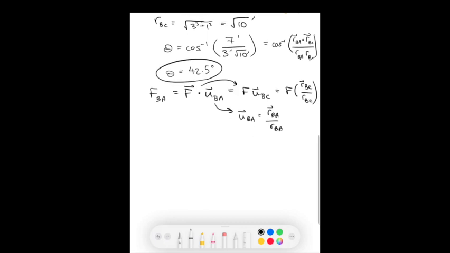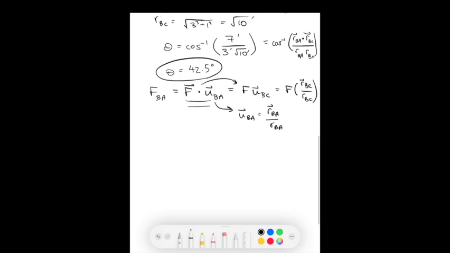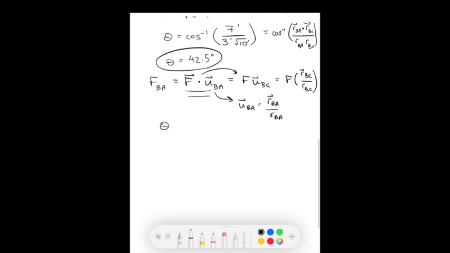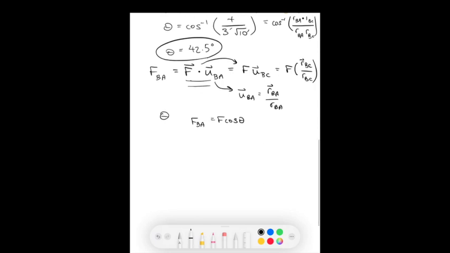So we have all these values, and we could go ahead and plug all those in. But there's another way that's easy enough as well. So we could, again, take the dot product of these things, and there would be a lot of arithmetic, and we would arrive at the answer just the same. But we can remember that we've already found this angle theta. So we know that F BA is equal to F times the cosine of theta.